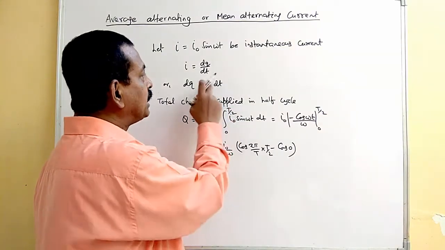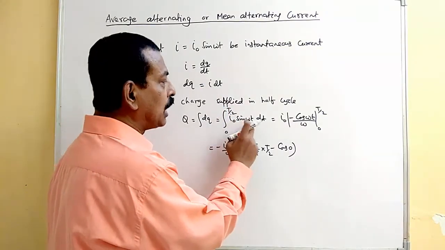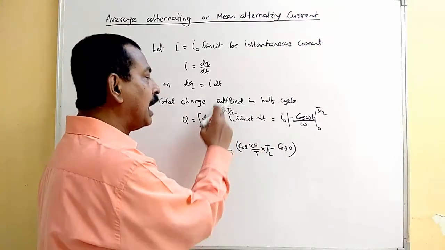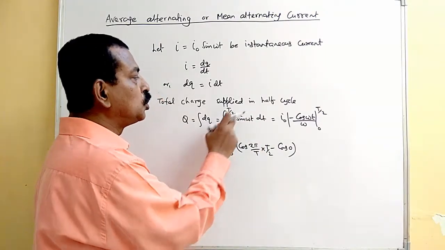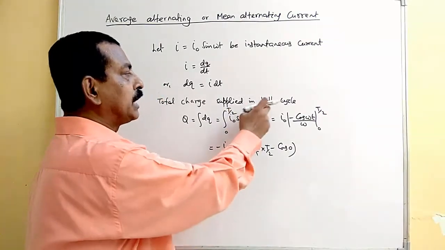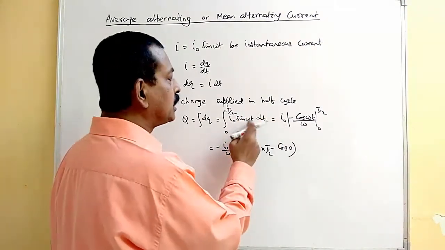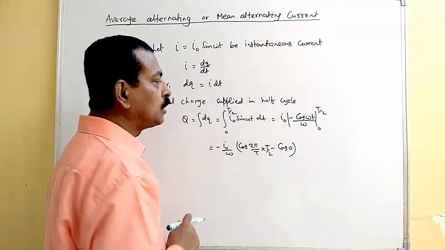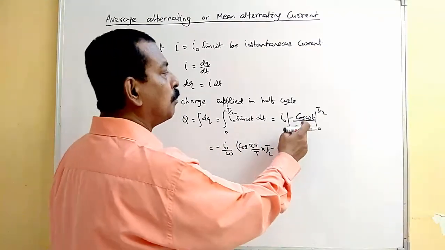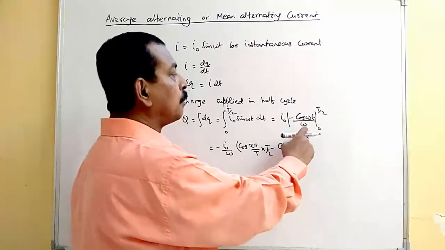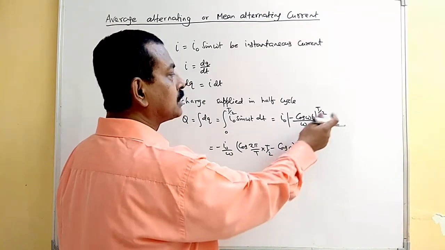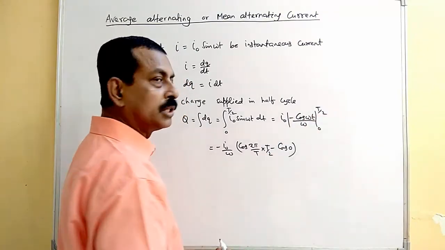So for I, we can write it as I naught sine omega t dt, integrated from 0 to T by 2, because we are taking it for half cycle. In that case, it is I naught times the integral of sine omega t dt, that will be minus cos omega t by omega, with limits 0 to T by 2.